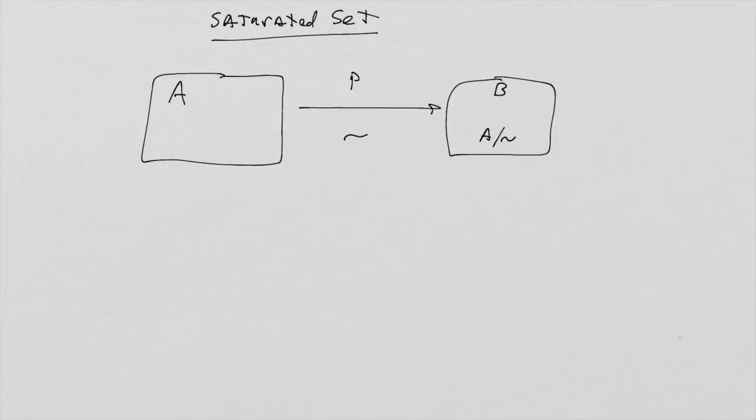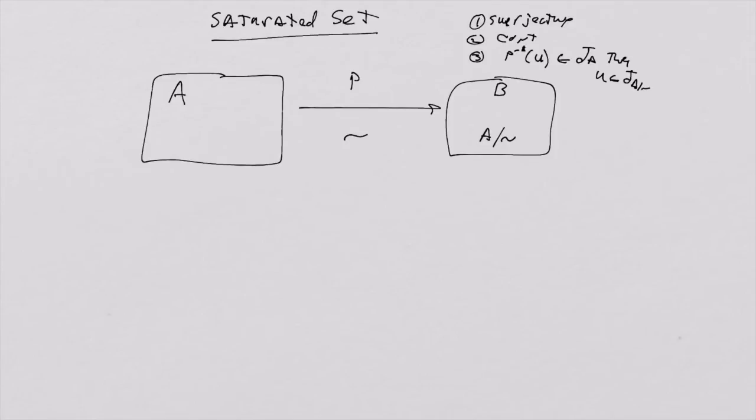A quotient map does not necessarily have to be based on an equivalence relation, but it has to have those properties. One, it has to be surjective. Two, it has to be continuous. And three, it has to have the property that if the inverse of a subset U in the quotient space is an element of the topology of A, then U is an element of the topology of the quotient space, right?